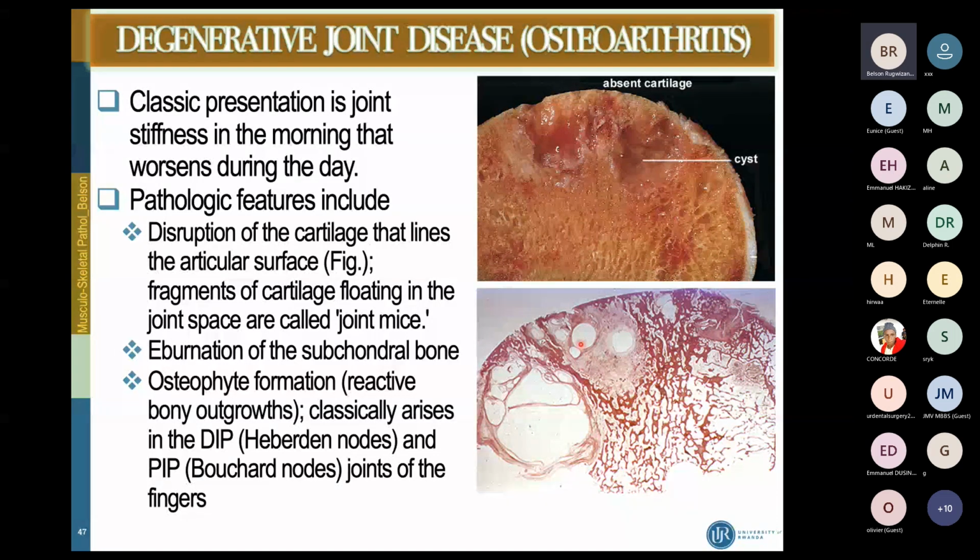Fragments of cartilage floating in a joint space are called joint mice. So you can see them on histology, on a biopsy, or during surgery, or on imaging.